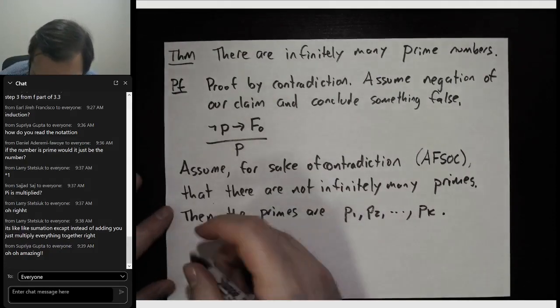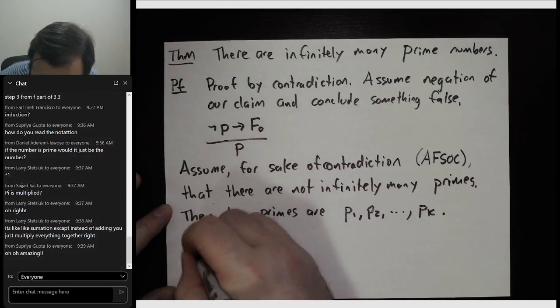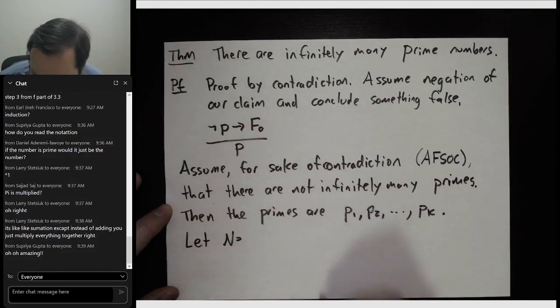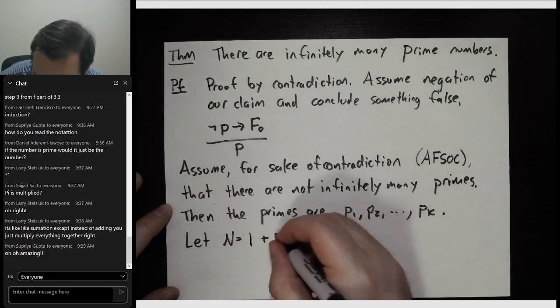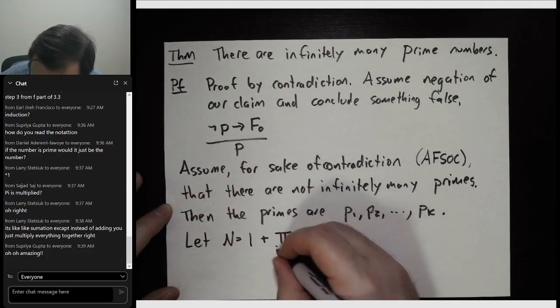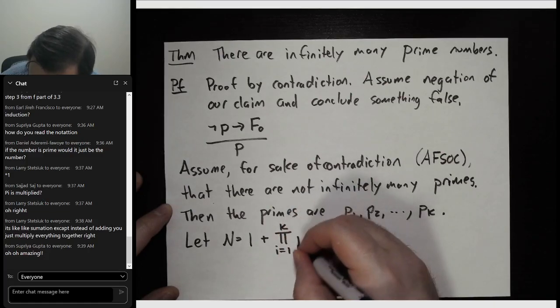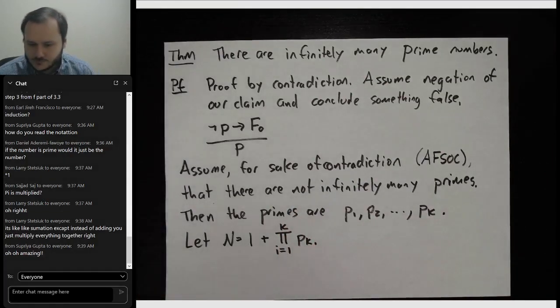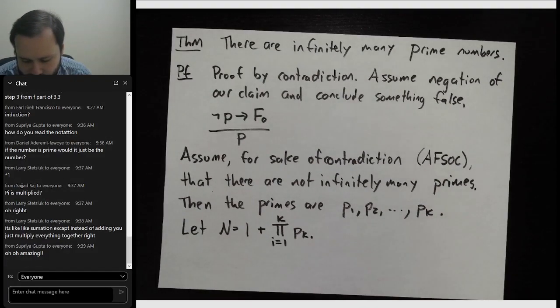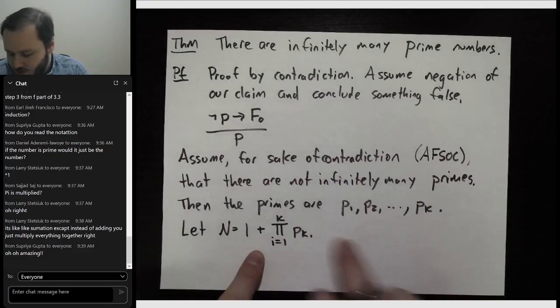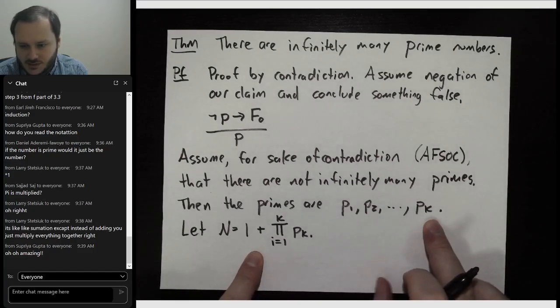And now I'm going to look at a particular number. N is going to be 1 plus the product of all of those primes. Okay, I'm picking this particular integer. Here's the trick. N is bigger than all of these numbers, right?